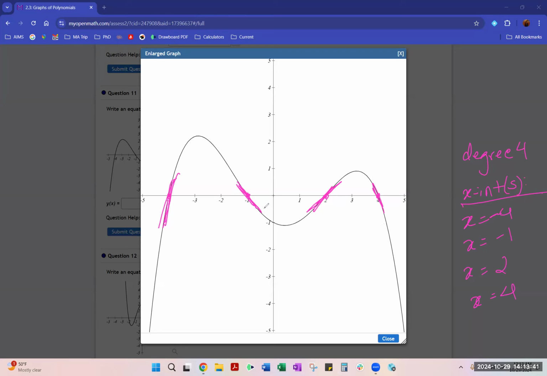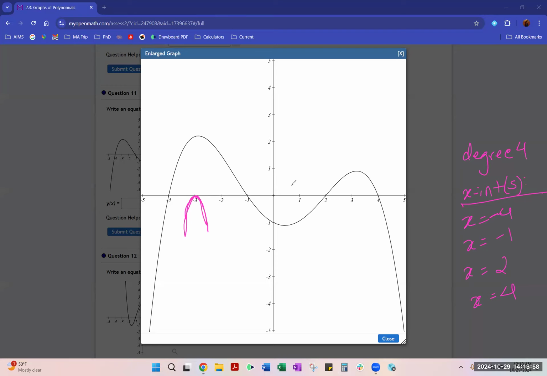If the graph were, instead of crossing, let's say if the graph would touch but not cross, it might end up looking something like, and I'm just going to use a separate point, something like this, what we see on a parabola.